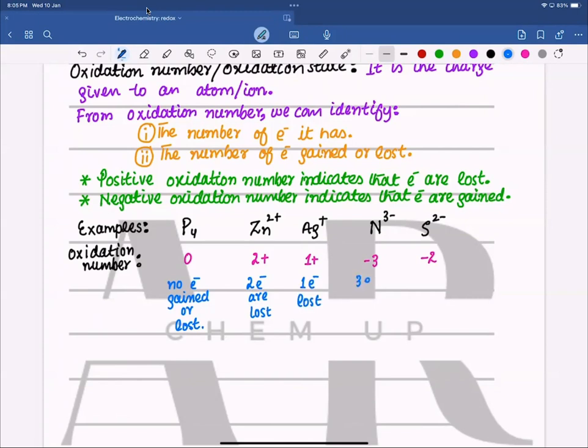It indicates 3 electrons are gained as the oxidation number is 3 minus. And it indicates 2 electrons are gained. Is this clear to all of you? Yes, sir. Okay.